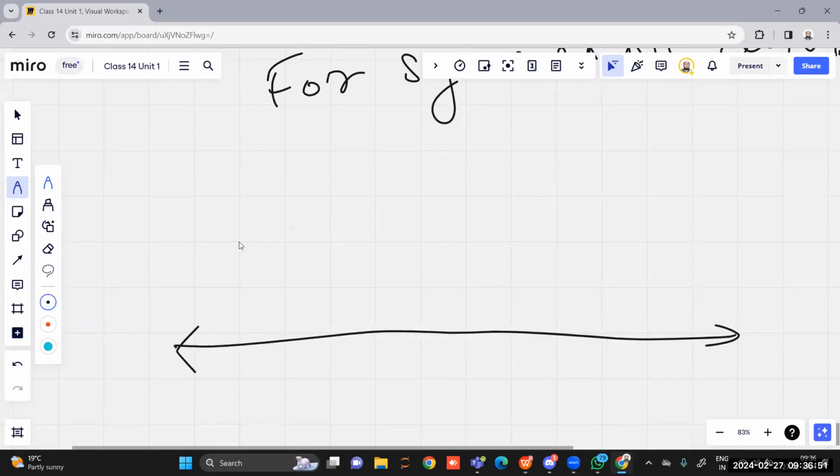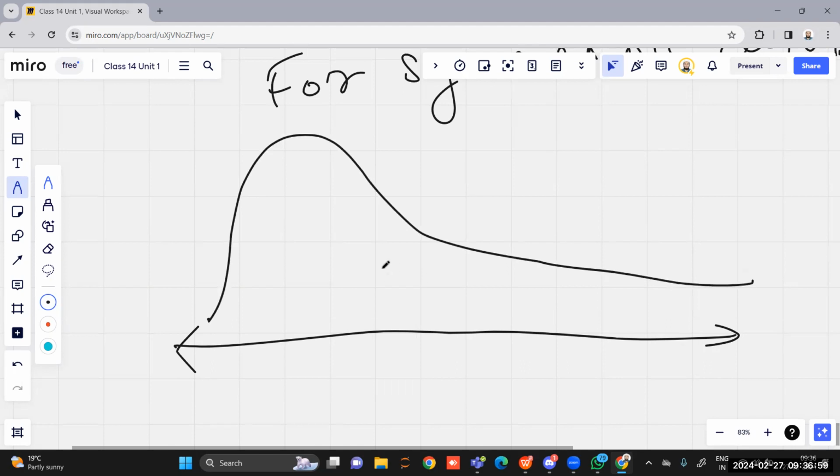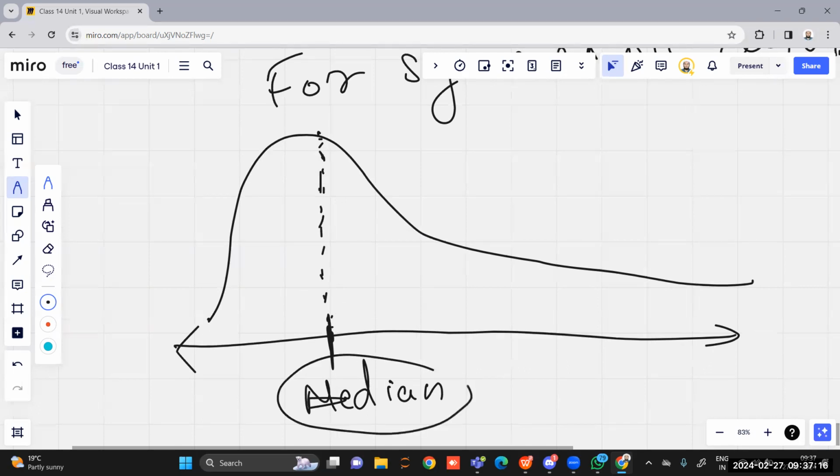If it is right skewed, the median will be here, and where will the mean be? Because it is right skewed, the mean will be toward the right of the median.